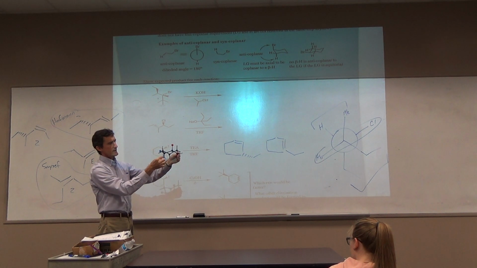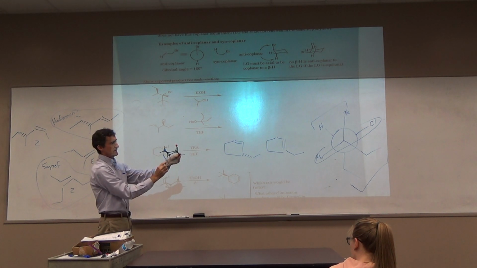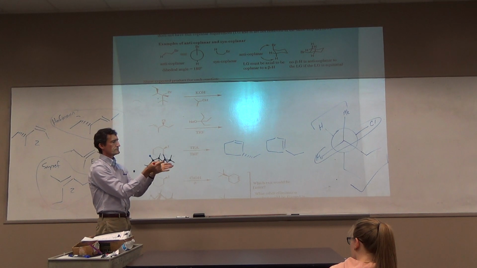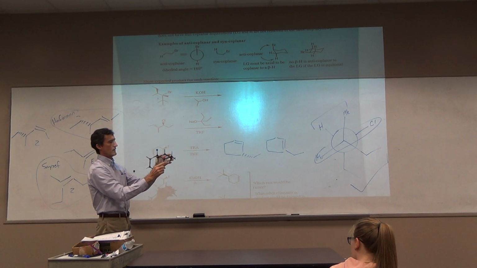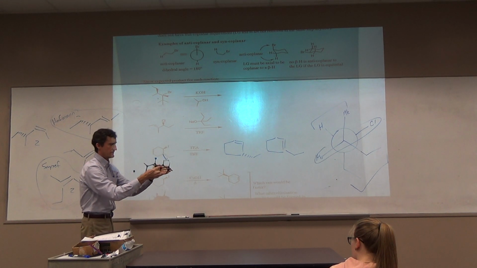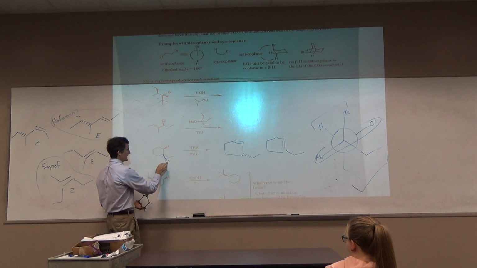Which group is anticoplanar to the iodine? The ethyl. Okay, that's not an ethyl, but it's the group. This will never be, unless we switch it. If we do a ring flip, well, then no group is anticoplanar to the iodine. This H is not anticoplanar.